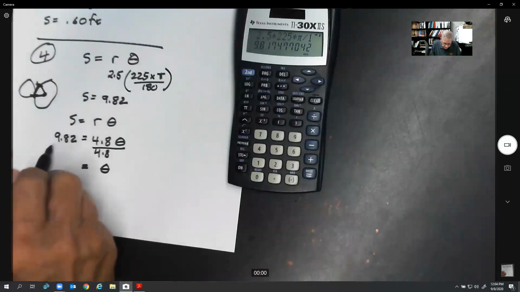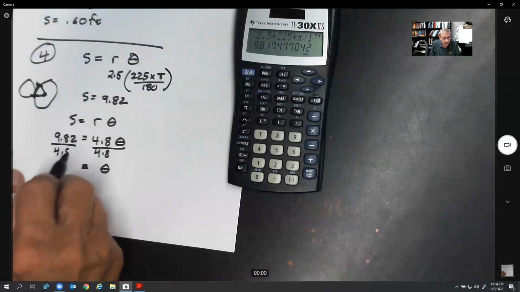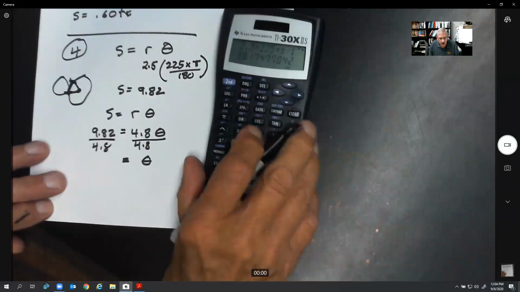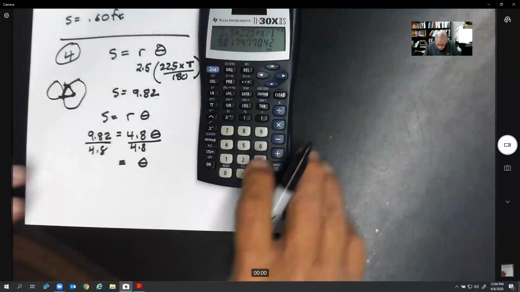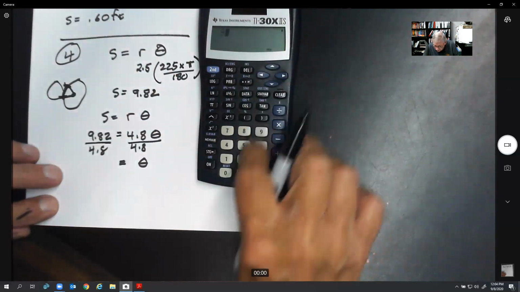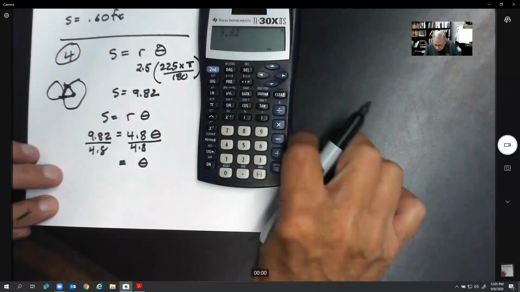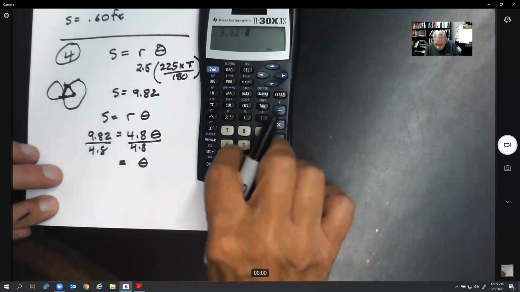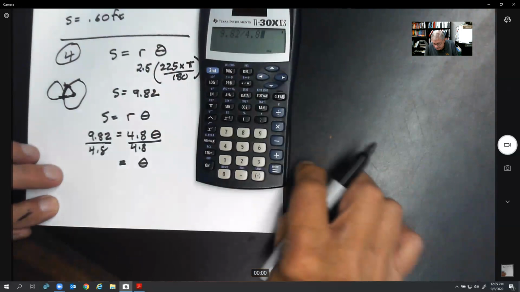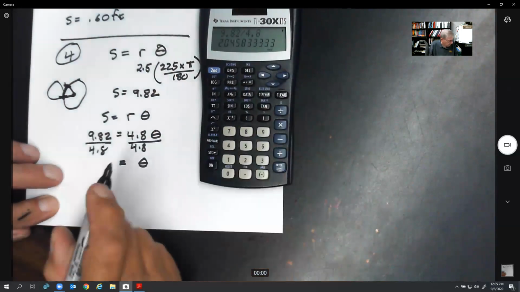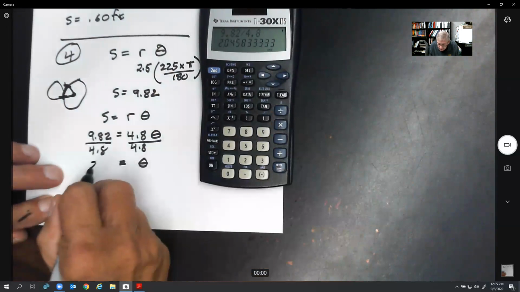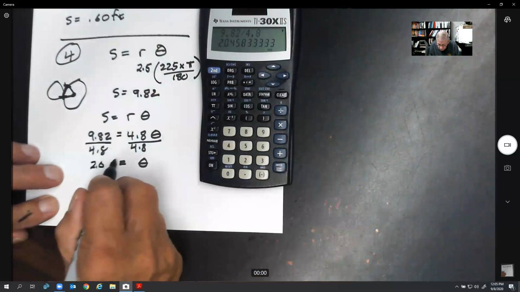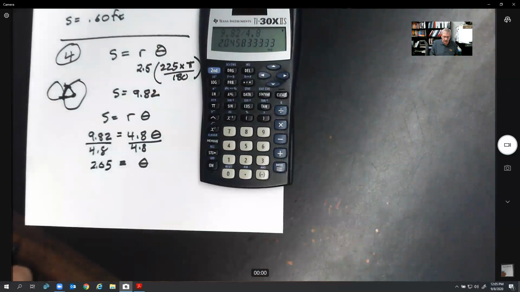Okay, we put the 4.8 here too. All right, let's try this and see what we get. It may not come out exactly the same as the book because we rounded it off. Wow, 2.05. Okay, that doesn't look like their answer at all.